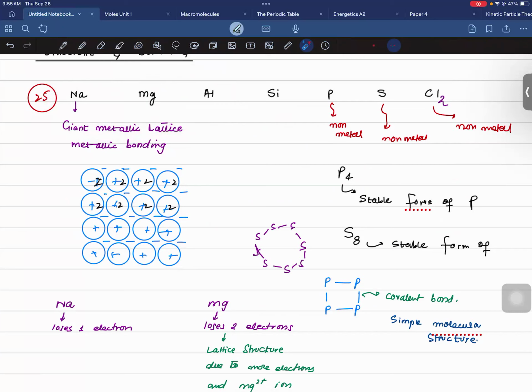Silicon is at the peak. It has the highest melting point across the period. Can you tell me why? Is it because silicon has four plus and four minuses, so it has the highest charge?